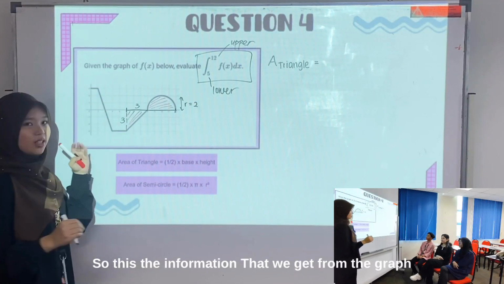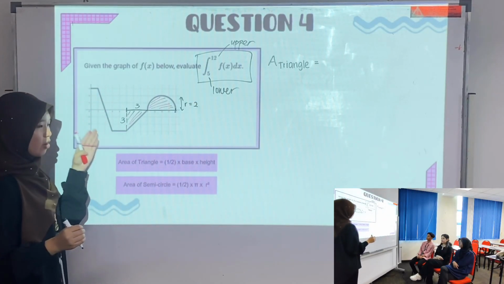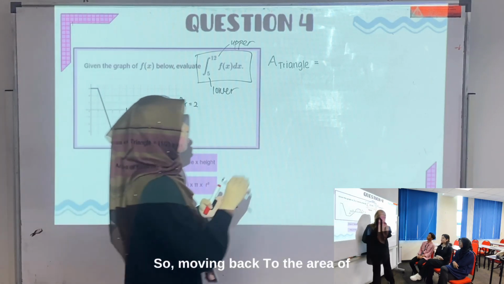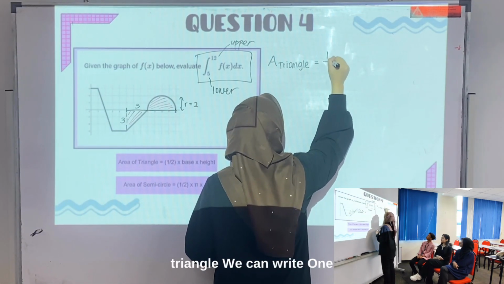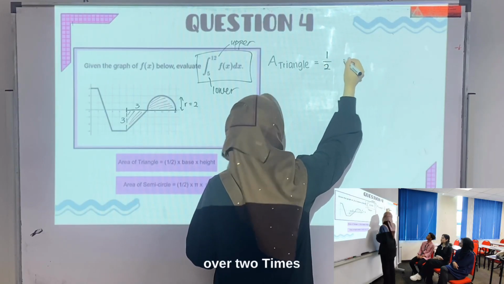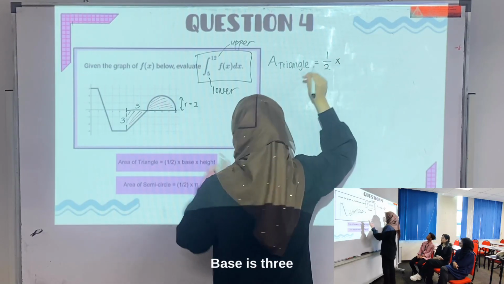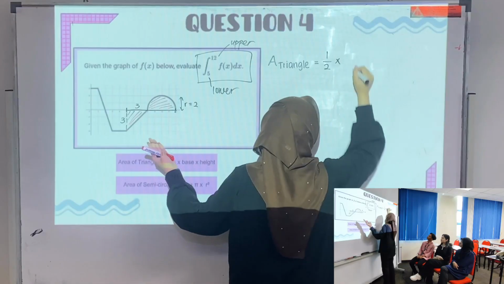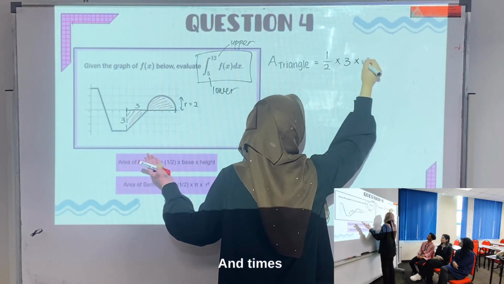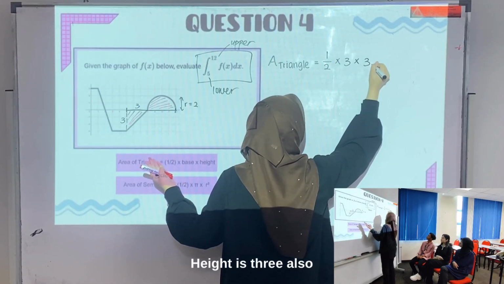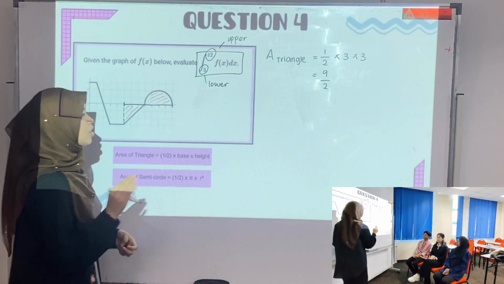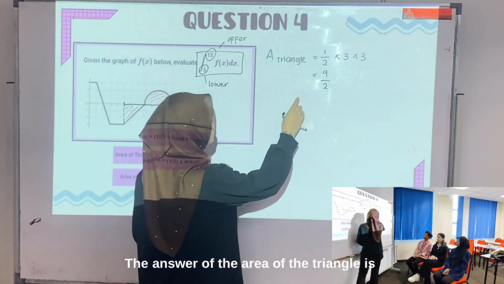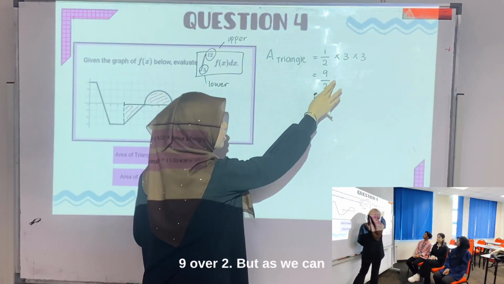Okay, so this is the information that we get from the graph. So, moving back to the area of triangle, we can write 1/2 times base is 3 and times height is 3 also. So, the answer of the area of the triangle is 9/2.